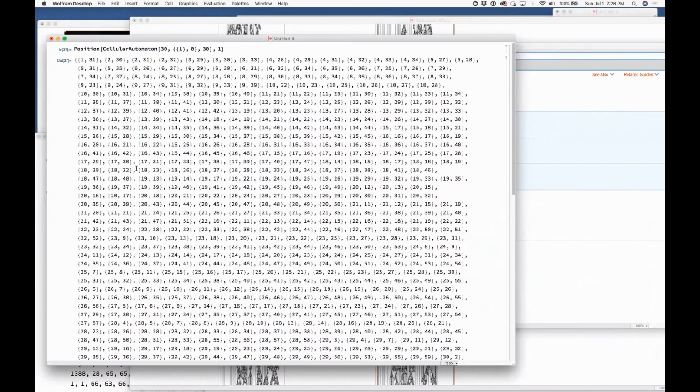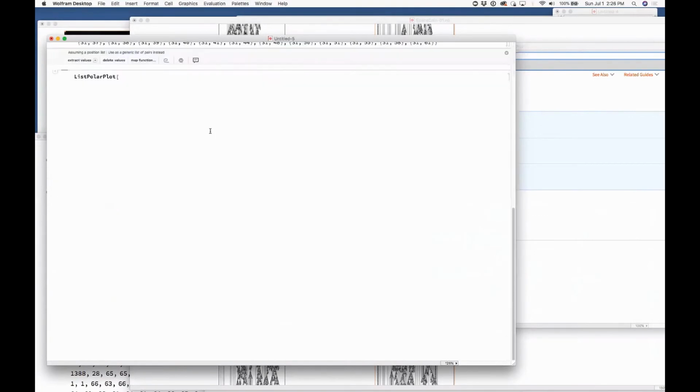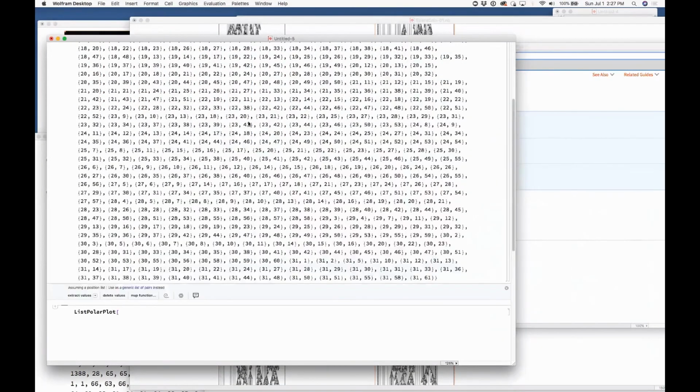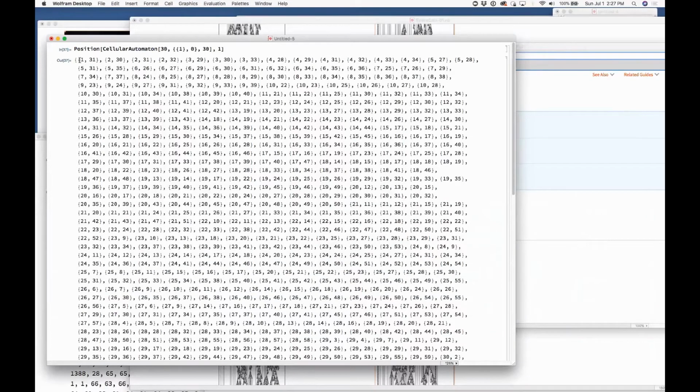So how does ListPolarPlot work? We give a theta and we give an r. So at each distance out, we're trying to get the angles.